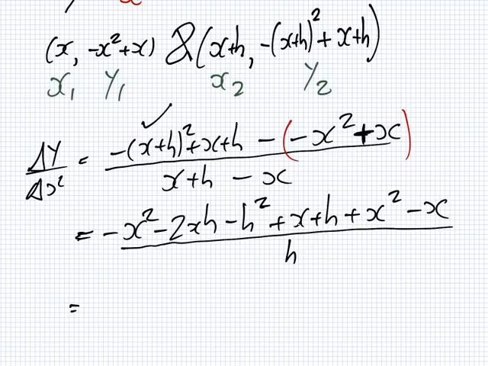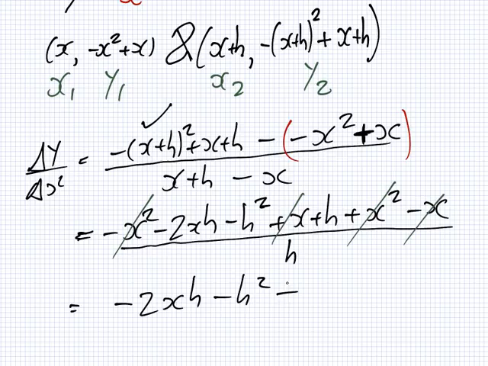Minus x and plus x cancel, so we're left with minus 2xh, minus h squared plus h, all over h.